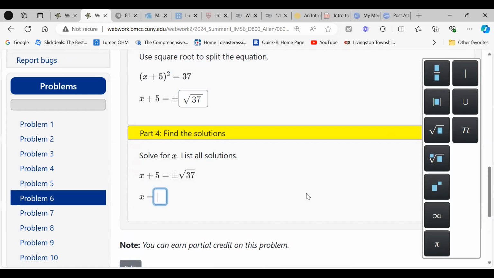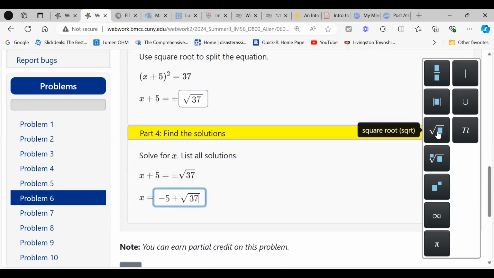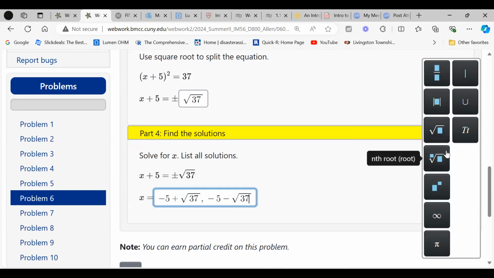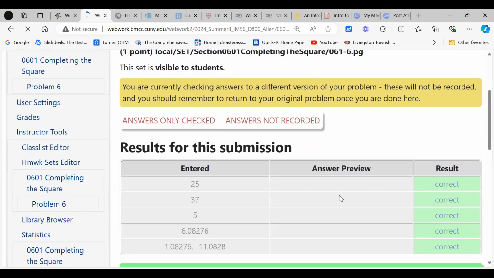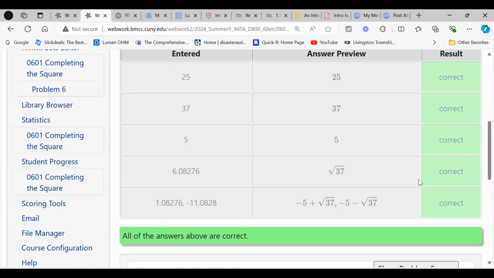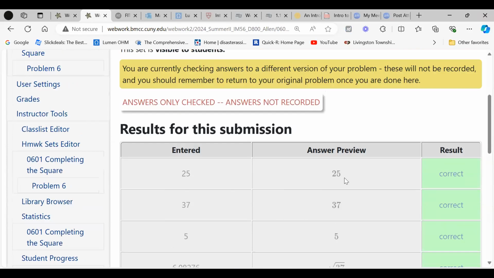These are the solutions: minus 5 plus square root 37, comma, minus 5 minus square root 37. Yep, that's pretty much it. Okay, so it's all good. All numbers are good.